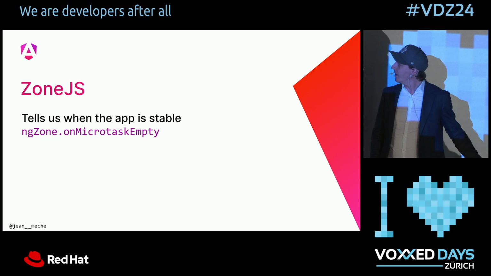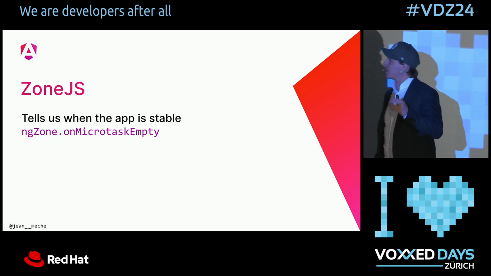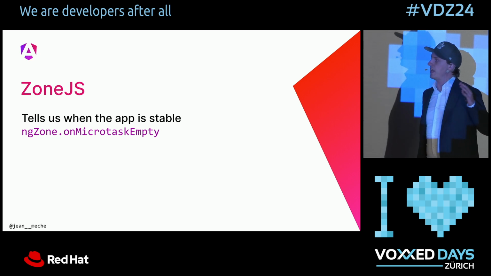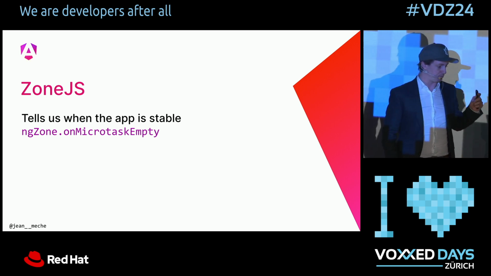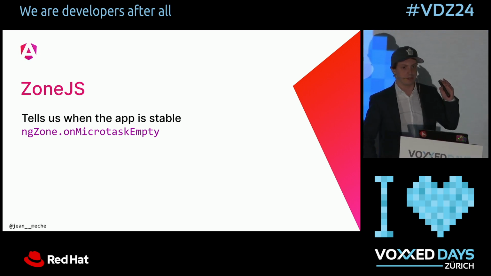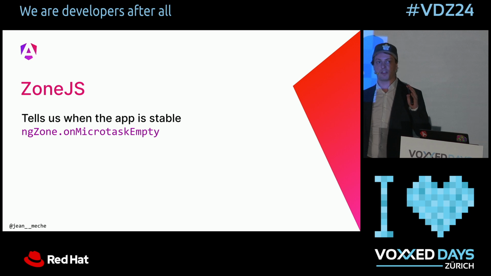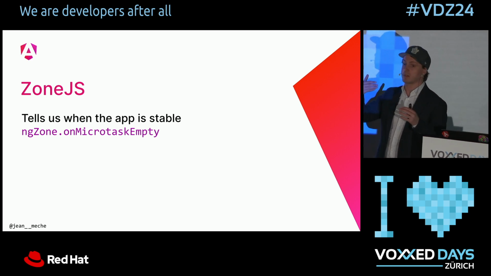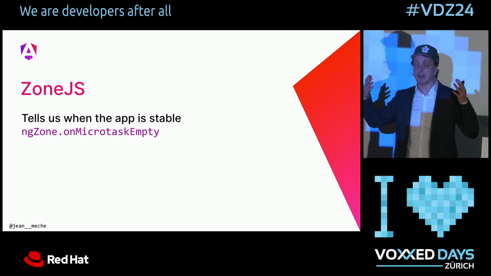Zone.js is able to tell us when the app is what we call stable. It means that nothing is pending, and you can render because something did happen somewhere.